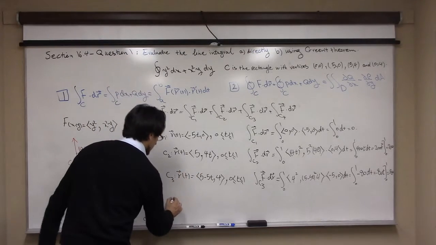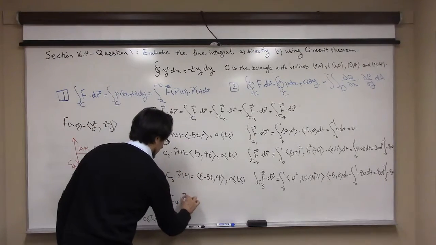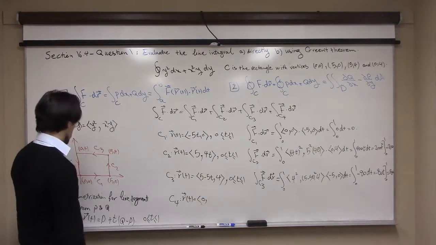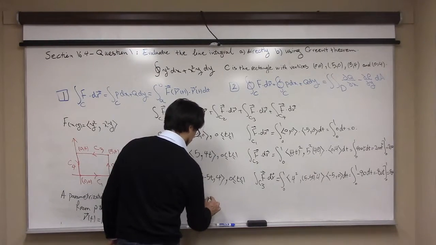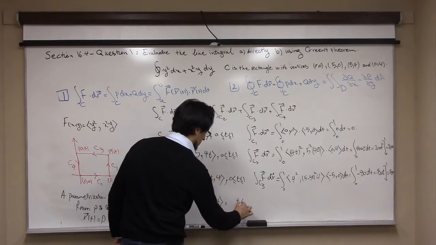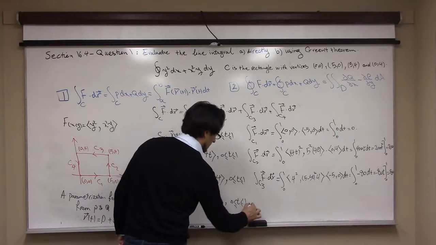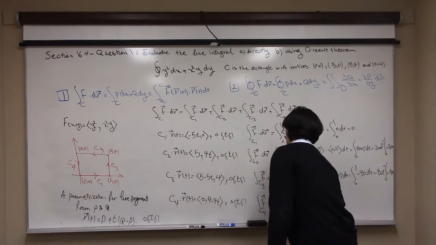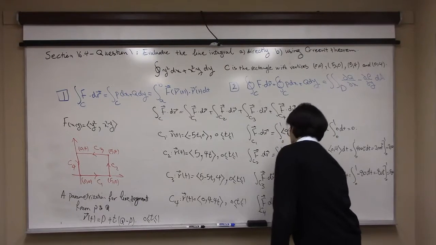negative 80, and then for C4, the parameterization is 0, 4 minus 4t. Again, t is between 0 and 1. And the integral over C4 of f dr is going to be from 0 to 1.